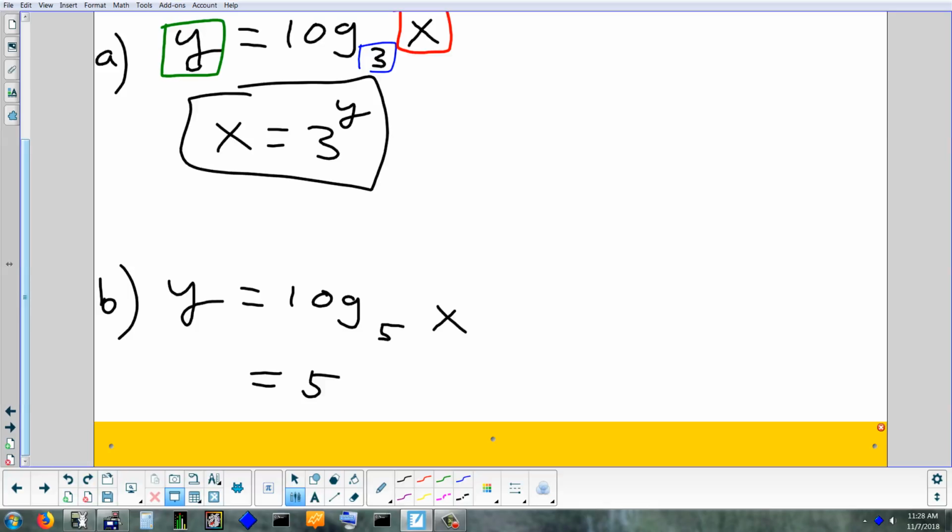Logarithm always equals the exponent. Log equals exponent. Just put that in your head. Logarithm always equals the exponent, and the only thing left is the argument. Or if you argue, you end up by yourself on one side. So there's another one. Again, nothing you can do further with that because you don't know a couple things. Questions on that one?